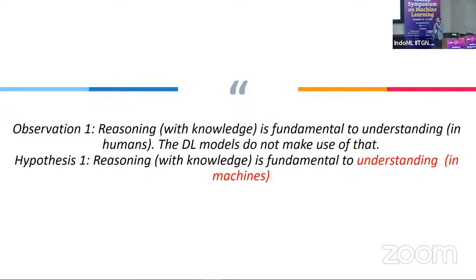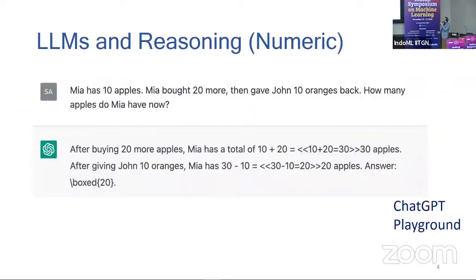This is something best illustrated by examples. I cannot start the example slide without ChatGPT. Rather than the machines, the humans have been exposed to ChatGPT and Galactica. So let's look at how ChatGPT does on a very simple, second or third grade mathematical example. Mia has 10 apples.